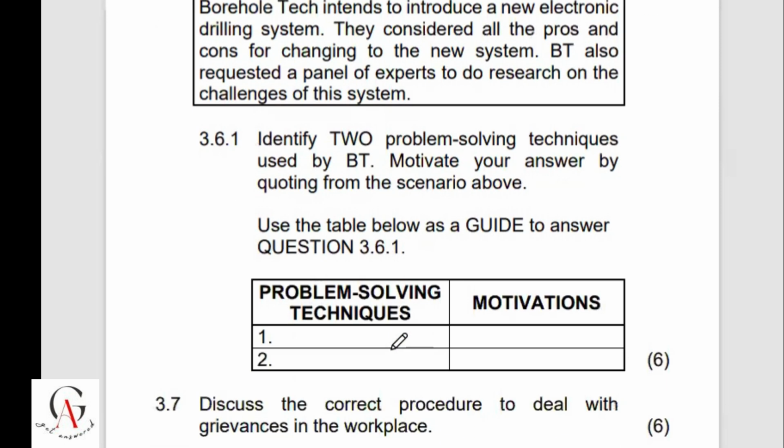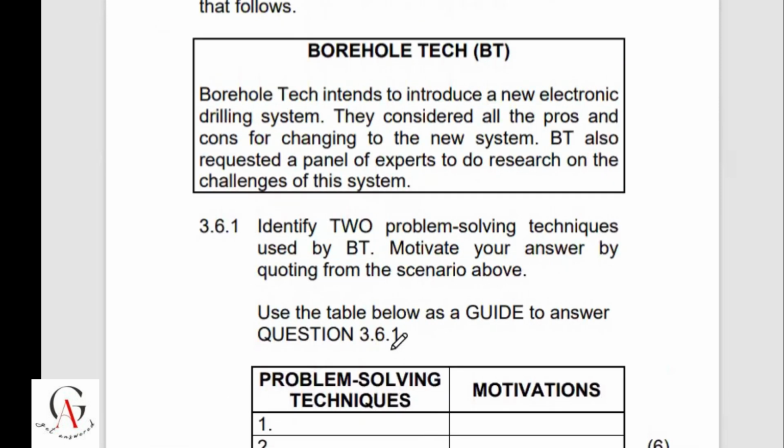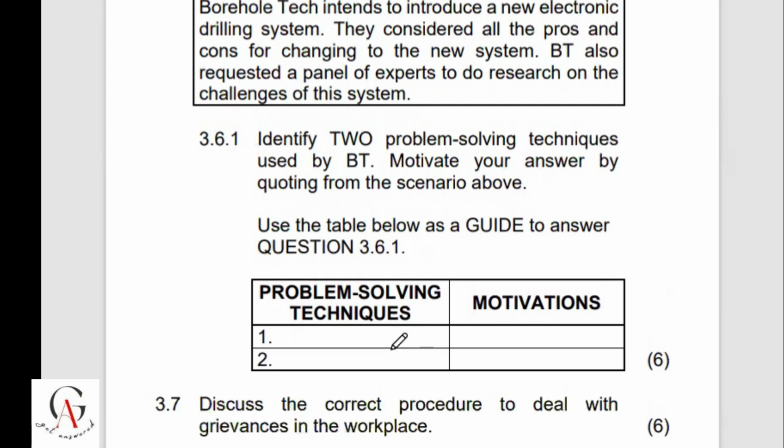So now our 3.6.1 reads as follows. Identify two problem-solving techniques used by BT and motivate your answer by quoting from the given scenario. Okay, right. So now it means in this regard, we have sentence 1, sentence 2, and lastly sentence 3.